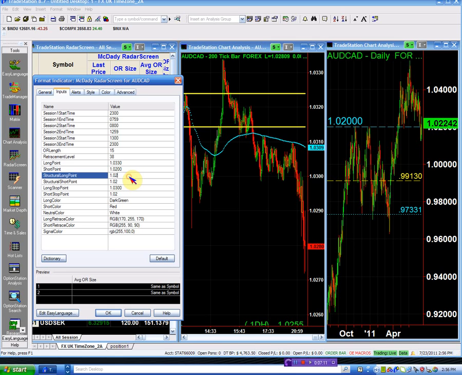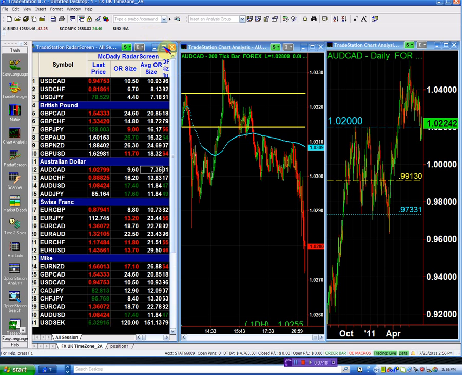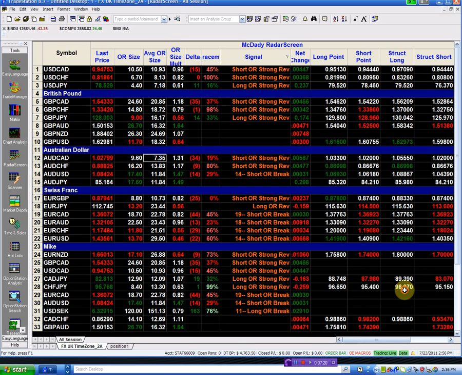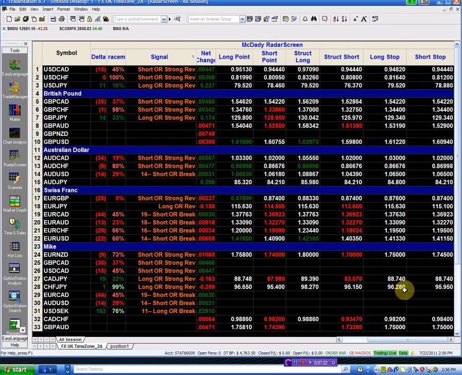Okay, I'm sorry, I typed in the wrong place. So I'm going to be buying the Aussie CAD above 103.30. My structure long is the 105.55, so I have about 200 pips above that. And my long stop is the 103, so I'm risking 30 pips on that trade.